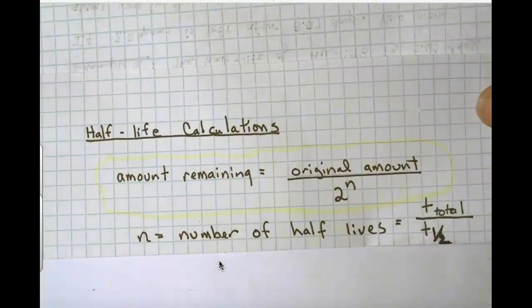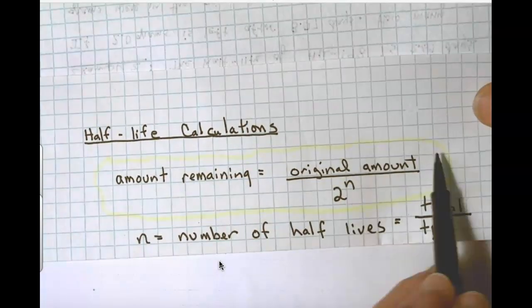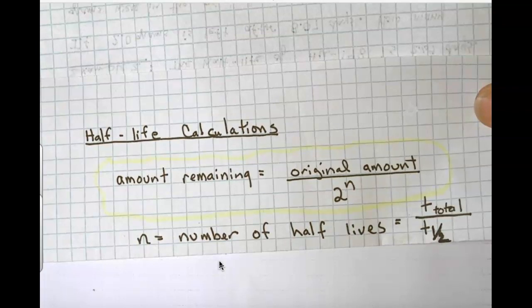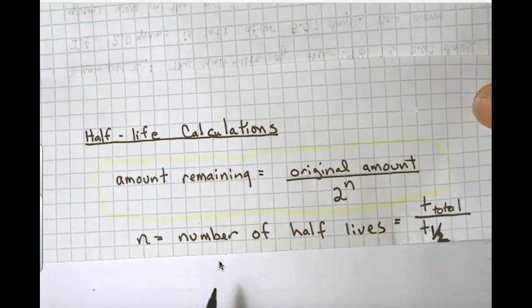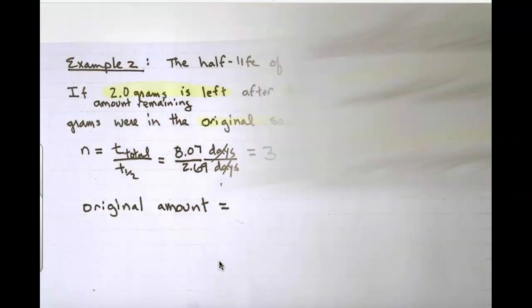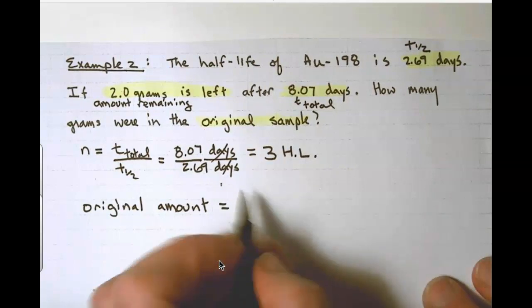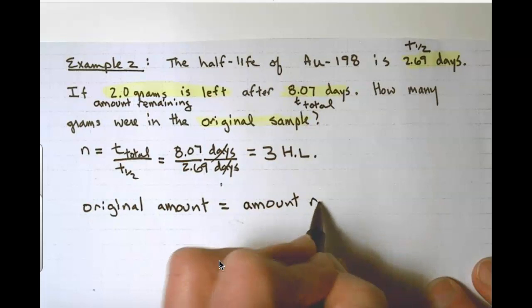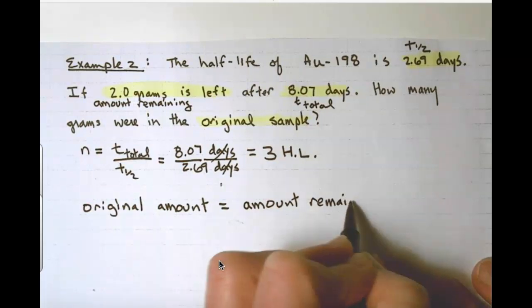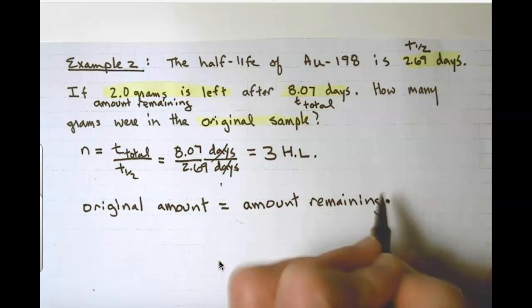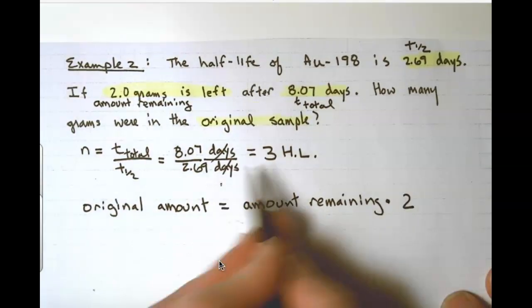So our one-step algebra equation is I'm going to multiply both sides by 2 to the n. If you need to review that algebra, then go back and review it, but that's a prerequisite for chemistry. So my original amount is what I'm solving for. If I multiply both sides by 2 to the n, it's the amount remaining times 2 to the n, which is 3.